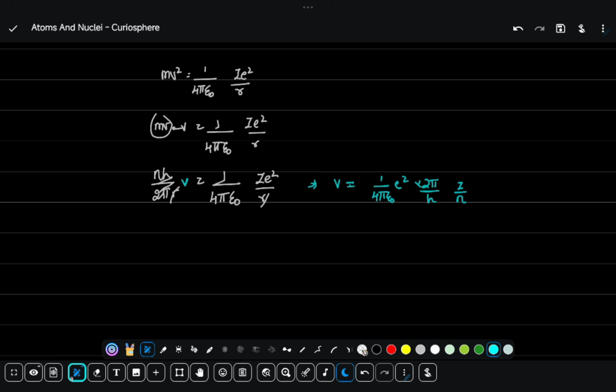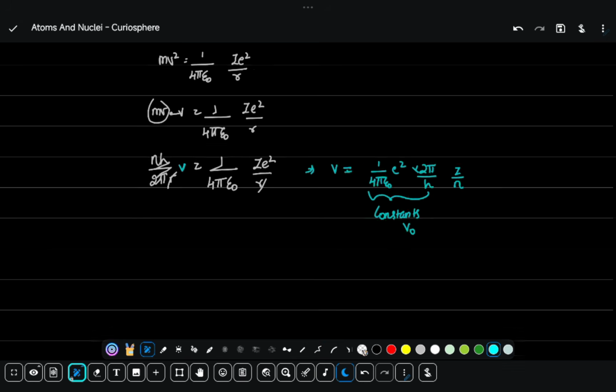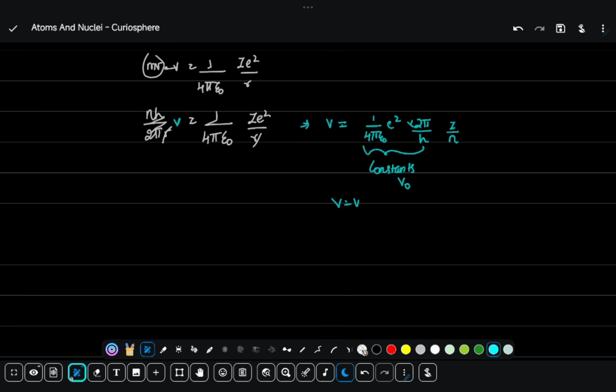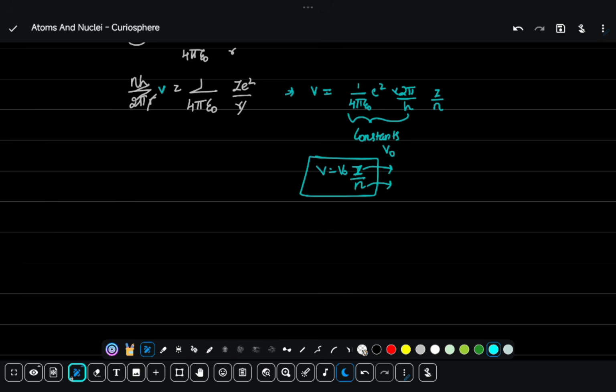If you notice clearly, all these are constants and we assign them to be v naught. Now v is equal to v naught z by n. This is our relation. n is the number of the orbit, z is the atomic number of the atom or nucleus, and v naught is the constant.